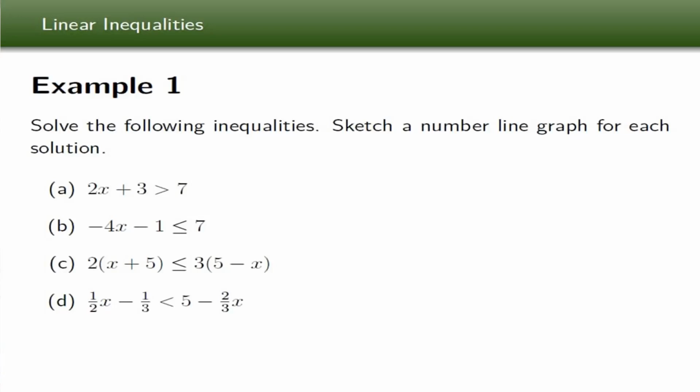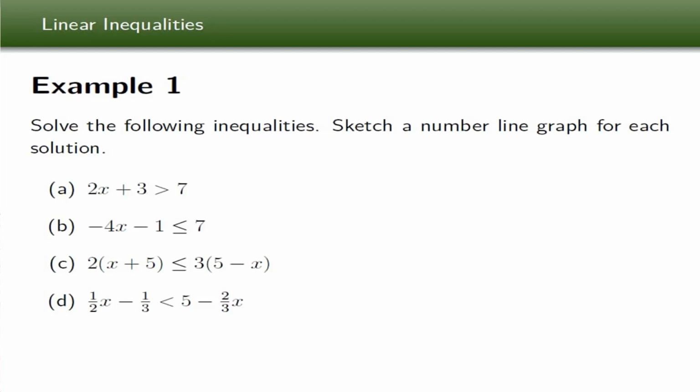We have 2 times (3 plus 5x)... that is, 2(x + 5) less than or equal to 3(5 minus x). Now, in this example, you can see we have brackets here, and definitely from our basic math, we have to do away with the brackets.